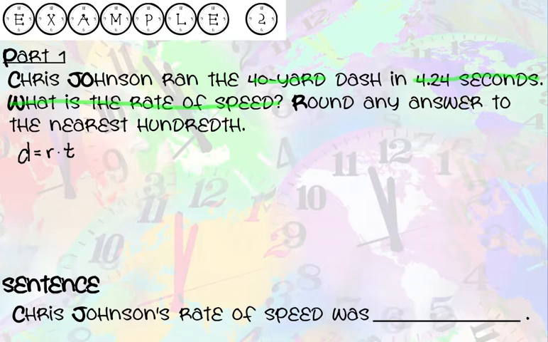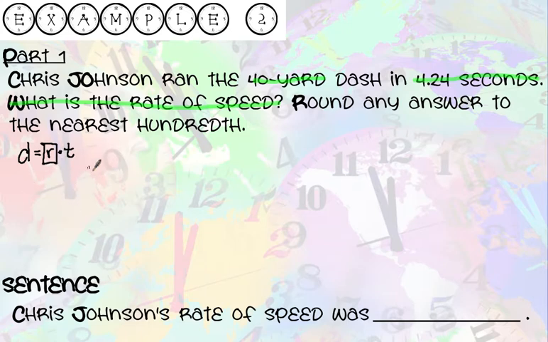Since we want rate of speed, that R is right here. And since that's what we're looking for, we can rearrange our formula to make a formula that will work for us. Otherwise, we can plug in for distance and time and work backwards for rate.